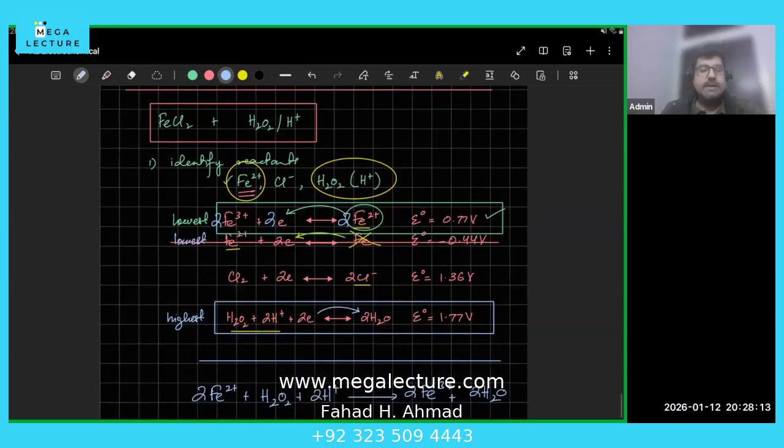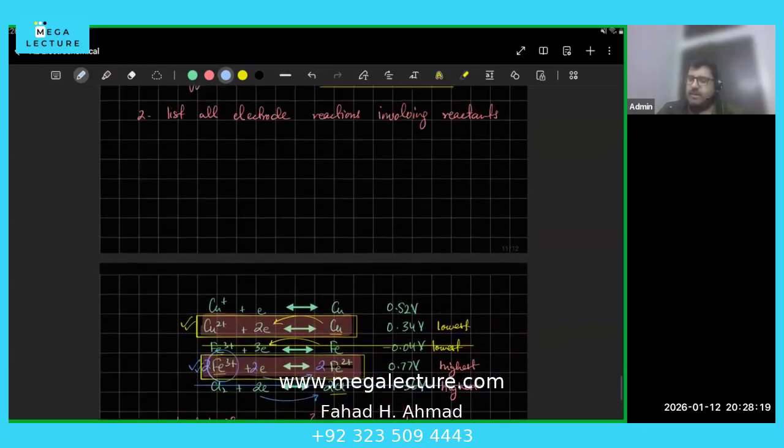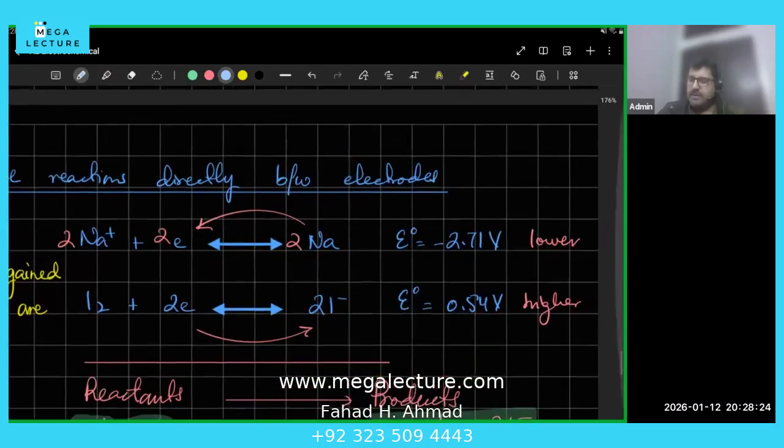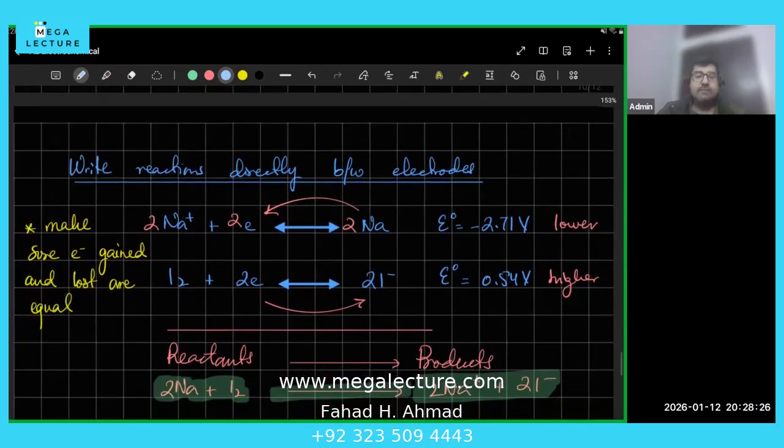Anyway, this thing will get very complicated, okay? Remember, most of the time you'll get a question like this: they'll give you the electrode reactions, these two, and you just figure out what the reaction is. So that is the simplest question. Higher gains, lower loses, and that's it.